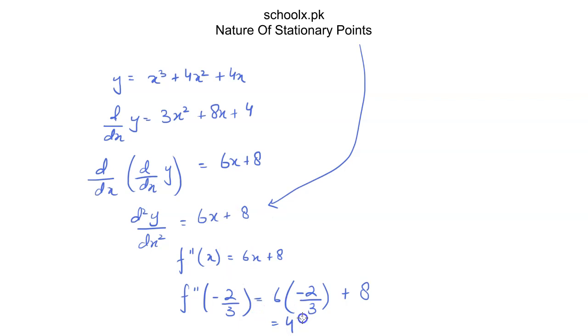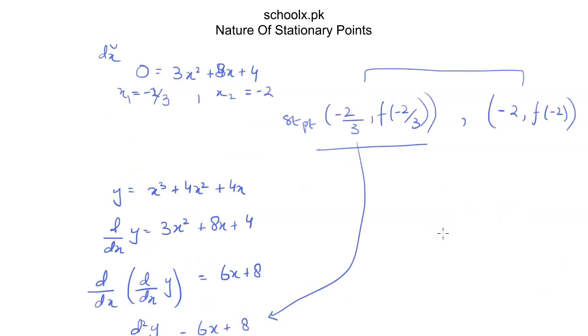As positive 4 is greater than 0, this stationary point is the minimum point of the curve.